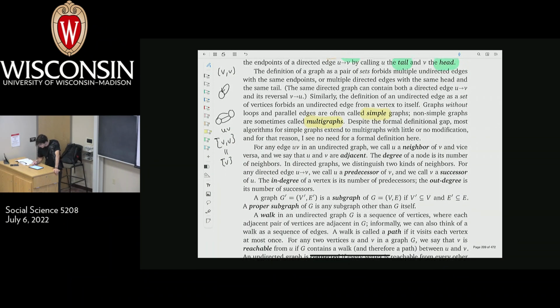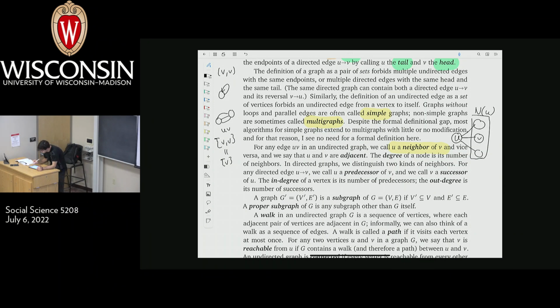Okay, so next thing we care about are neighbors. So what does that mean? So for an undirected graph, U is a neighbor of V if there is an edge between U and V. So if U and V have an edge, V is a neighbor of U, and the neighborhood of U is the set of all things with edges to U. So this whole thing is the neighborhood of U. And we say that U and V are adjacent if there's an edge between them.